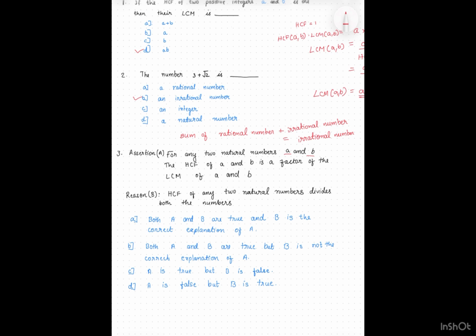The first option is both A and R are true and R is the correct explanation of A. Both A and R are true but R is not the correct explanation of A. C, A is true but R is false. D, A is false but R is true.